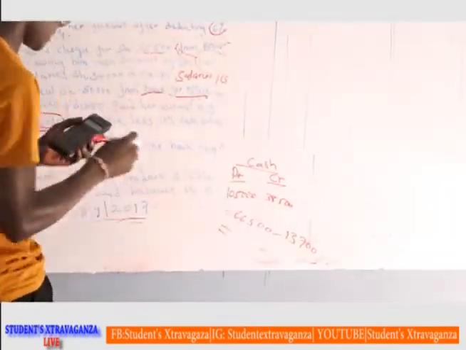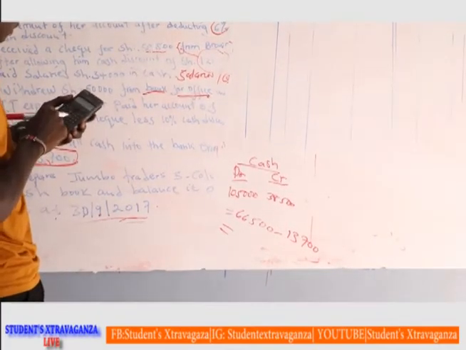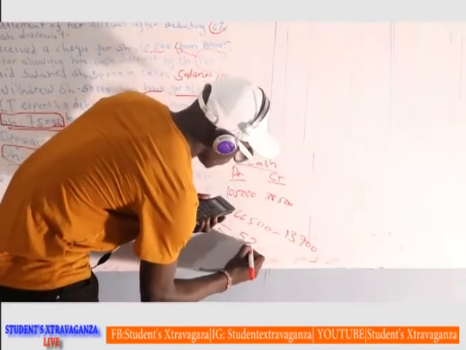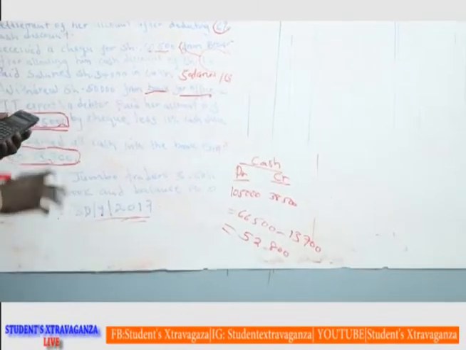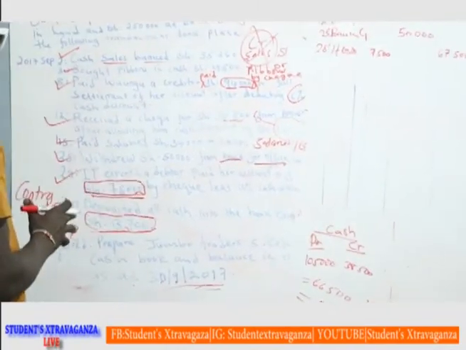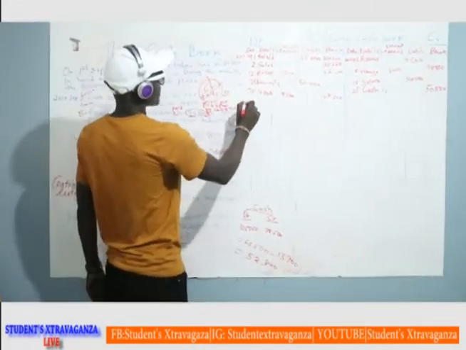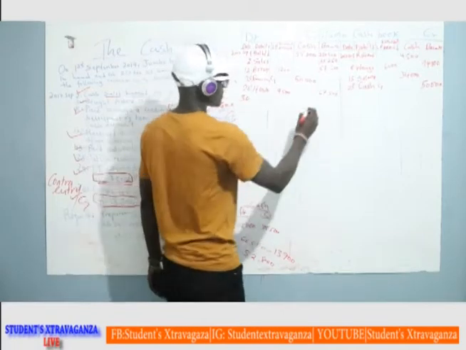So meaning 66,500 minus 13,700. This is the cash that was deposited, 52,800. So there is a contra entry. Let's deposit all this cash on 30th. We bank 52,800.